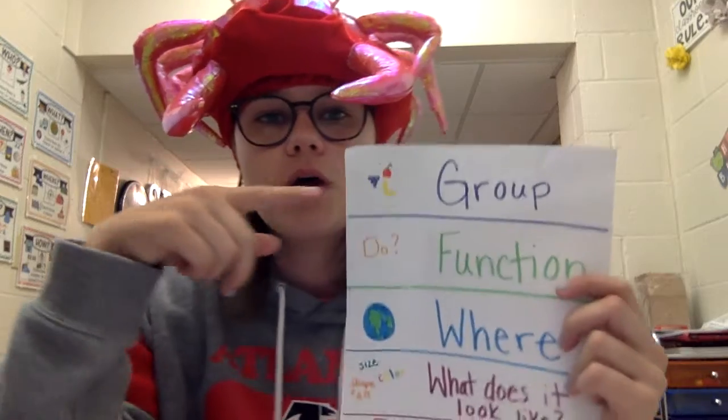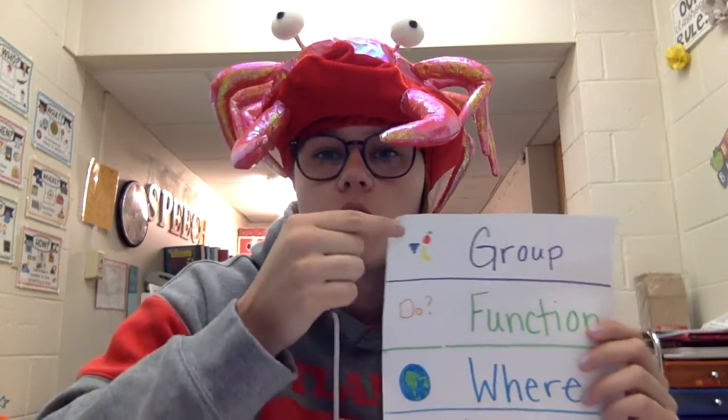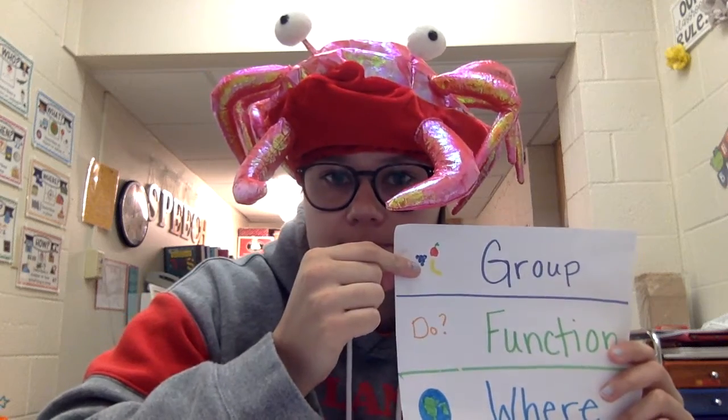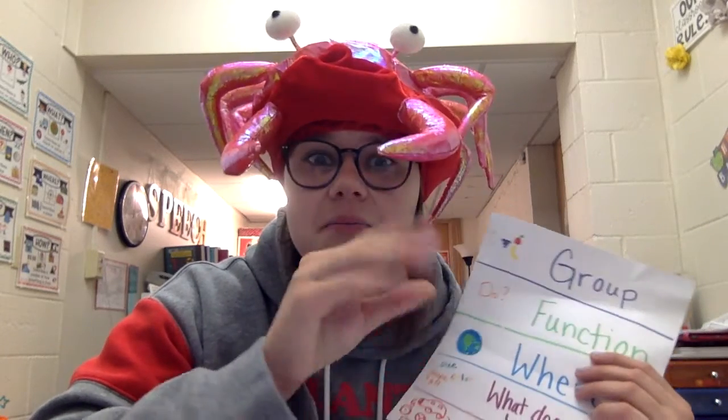So let's just run through these. We're just going to kind of describe this crab quick. What group would we put a crab in? I would like to say like kind of an ocean animal, sea creature. What's something that a crab does? It pinches you, right? They'll pinch you. Where would I find a crab? In the ocean, on a beach by the ocean, right?